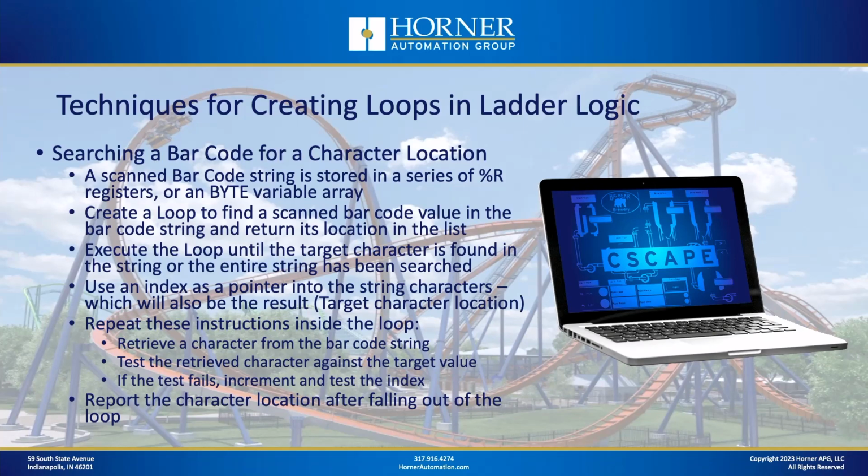So what we're going to do is this. Our barcode string is going to be stored in either a series of R registers, 2 characters per register, if we're using register-based ladder, or if we're using variable-based ladder, we use strings as bytes. So you'll have a byte array, and if it's 32 characters, it would be a byte variable with 32 elements in it, okay?